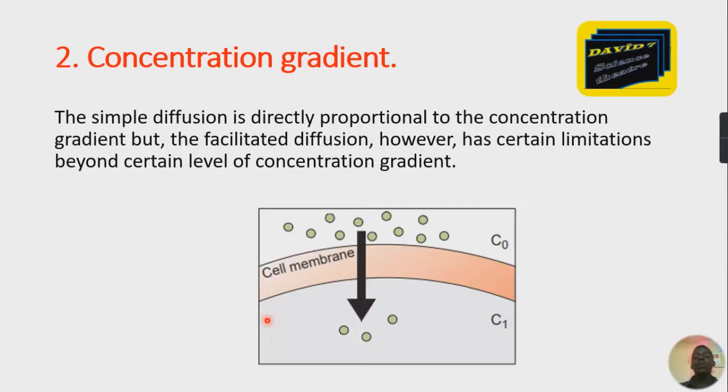So these other factors beyond that concentration gradient will limit the rate of facilitated diffusion. So that is concentration gradient. For simple diffusion, it is directly proportional. Okay, so let's continue.